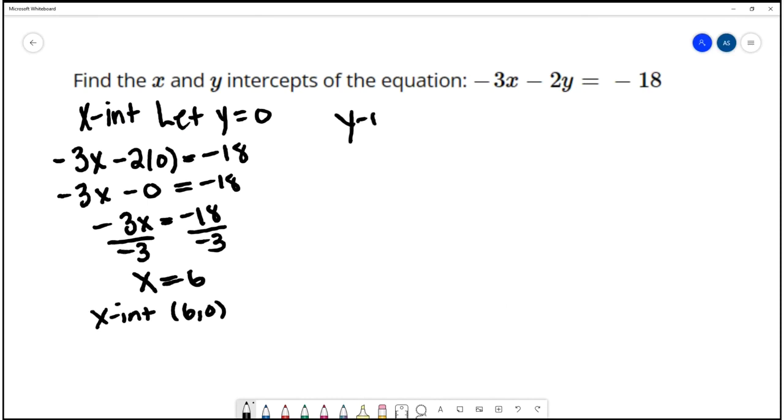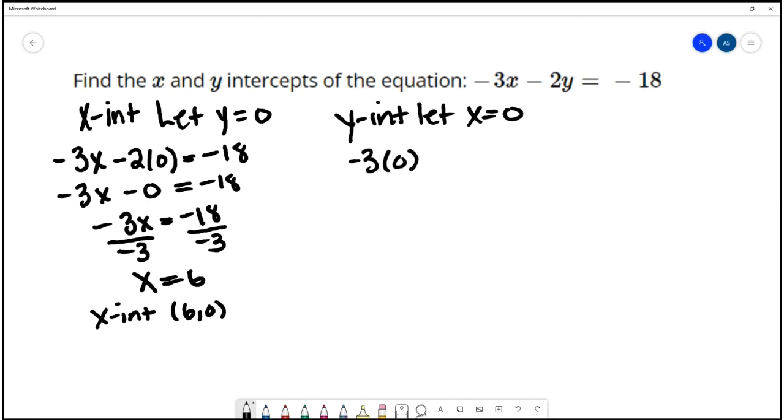Now to find the y-intercept, we let x equal 0. A y-intercept is where the graph crosses or touches the y-axis. So the x-coordinate will be 0. So I'm going to substitute 0 in for x.